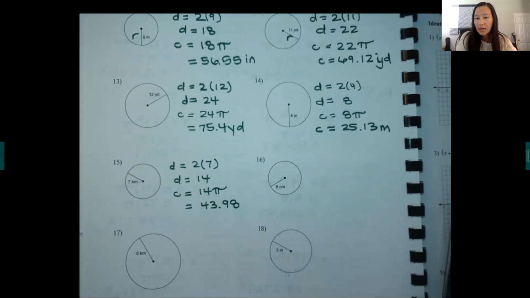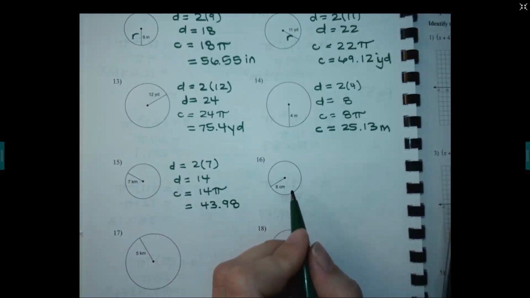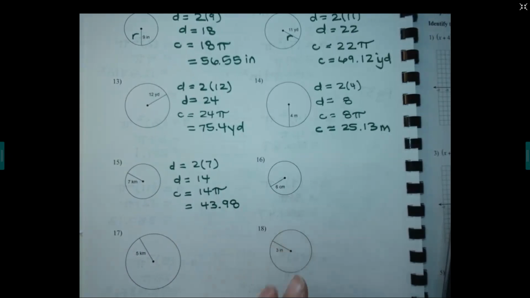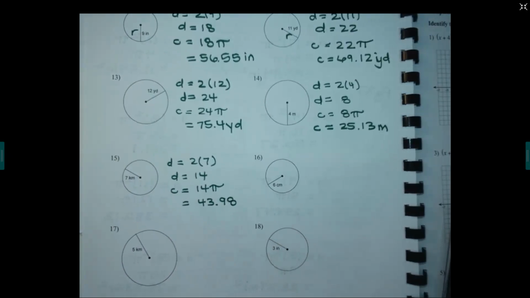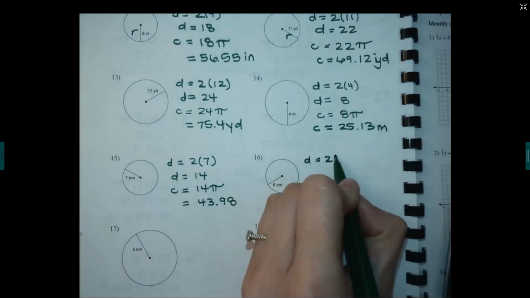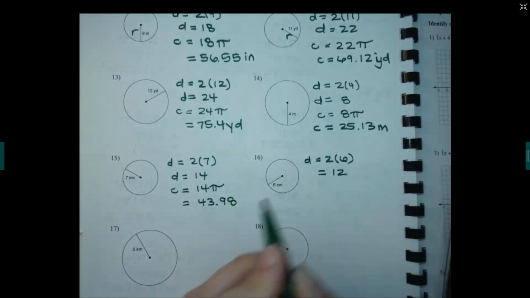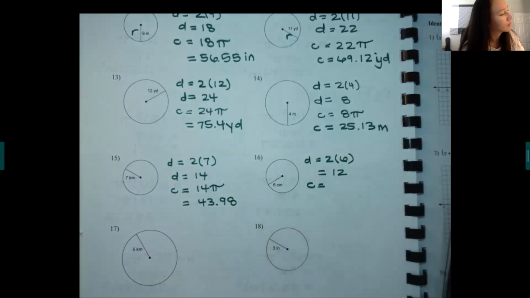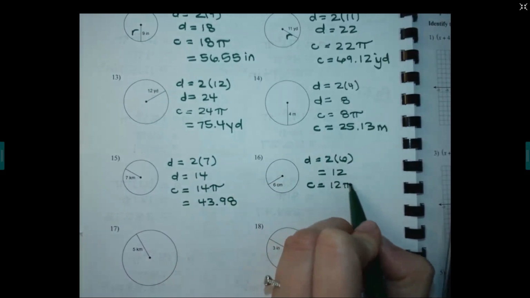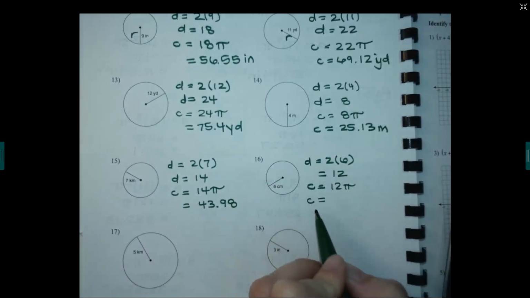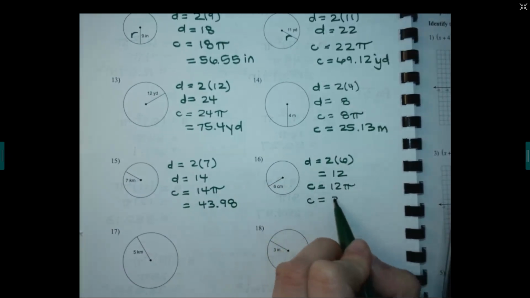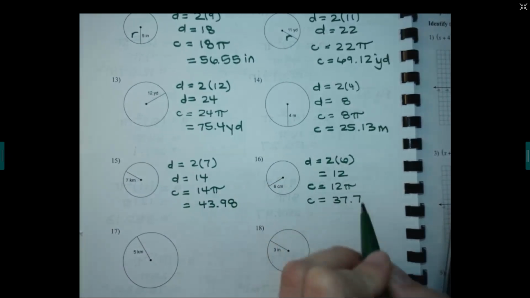And then Jasmine, number 16. First I put D equals 2 times 6. And then D equals 12. Very good. And then C equals 12 times pi. And then the circumference is 37.7. Excellent. Thank you.